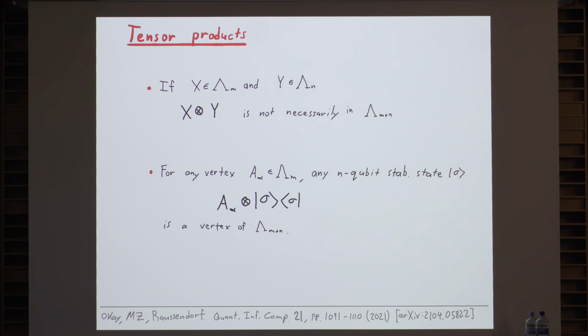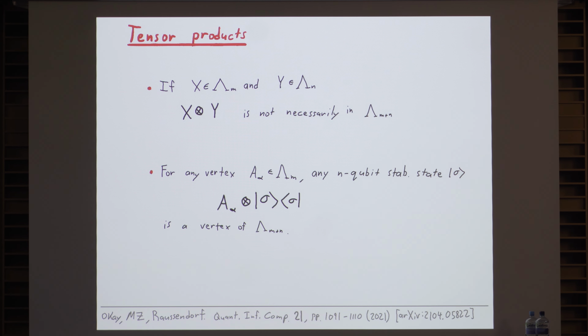One other mathematical fact that we know about these polytopes, and everyone asks me this question whenever I give a talk on these, is how does it behave with respect to tensor products? If you have some operator x in lambda on m qubits, some operator y in lambda on n qubits, if you take the tensor product of the two, then it's not necessarily in lambda on m plus n qubits.